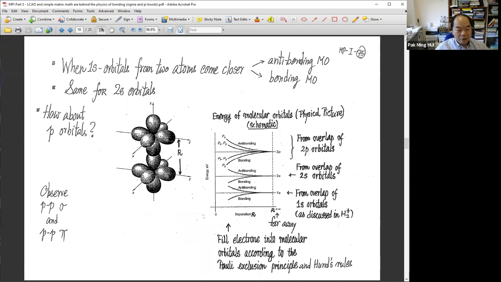So now, here I show that there is an atom A, atom B, each with this px, py, pz. So what happened? Now, formally, we should form a 6x6 matrix to handle it, right? Because it is a linear combination of 6 atomic orbitals, 3 from each atom. That's fine.